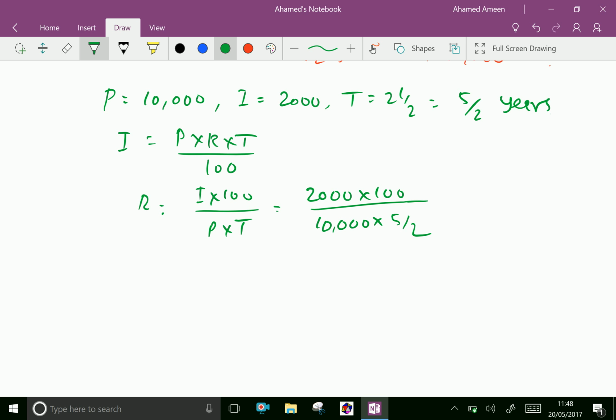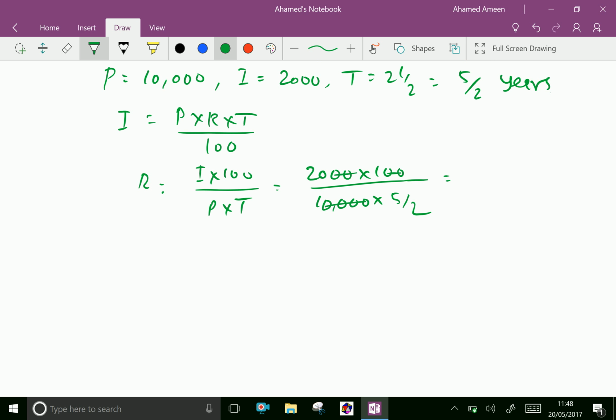Then here 4 zeros cut, here 4 zeros cut. After that, 20 over 5, this 2 goes up, which equals 40 over 5, which is 8%.